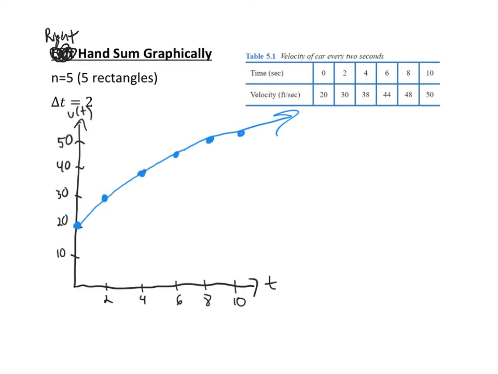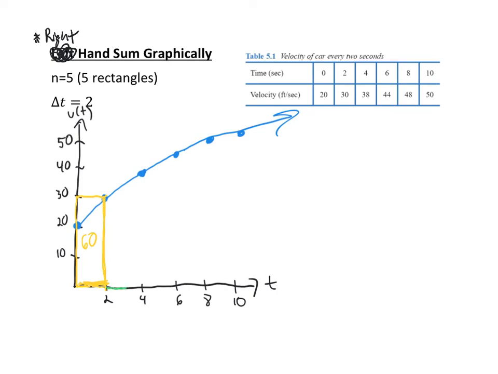So a little typo here for this next one. We're now going to look at the right. So cross out left and let's look at the right-hand sum graphically. So if you recall, when we did the right-hand sum from 0 to 2 seconds, during this time we guessed the speed to be 30. Well, if you look, now we're finding the area essentially of this rectangle. 2 times 30 is 60.